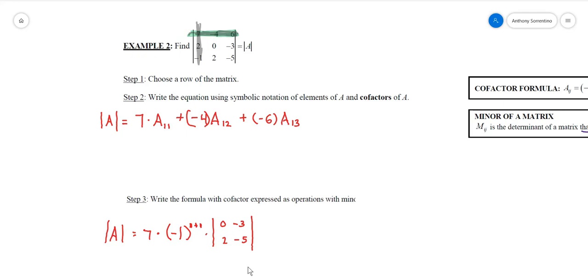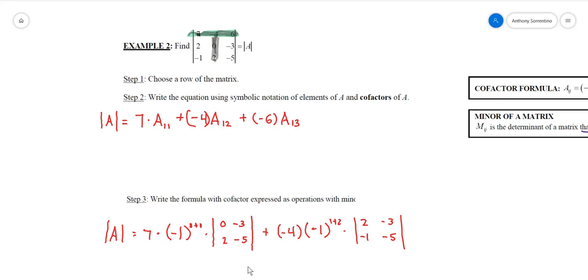And I would do the same thing for the next one. I would say, okay, plus negative 4 times negative 1 raised to the 1 plus 2 power times, now coming back up here again, since I'm looking at element negative 4, I would be eliminating the first row again, but now this column. And so the determinant matrix I'm left with there is 2, negative 1, negative 3, negative 5.